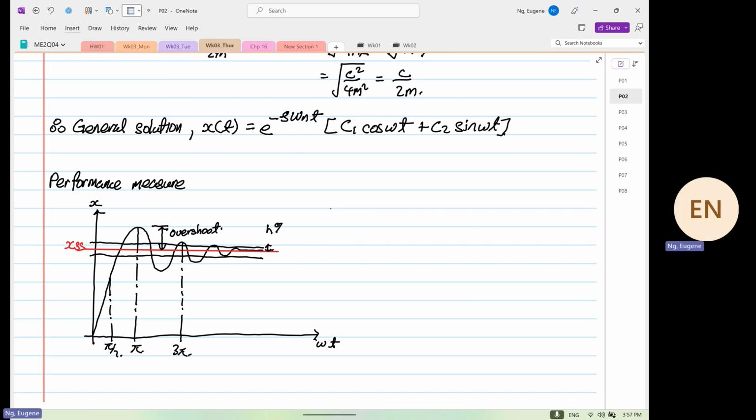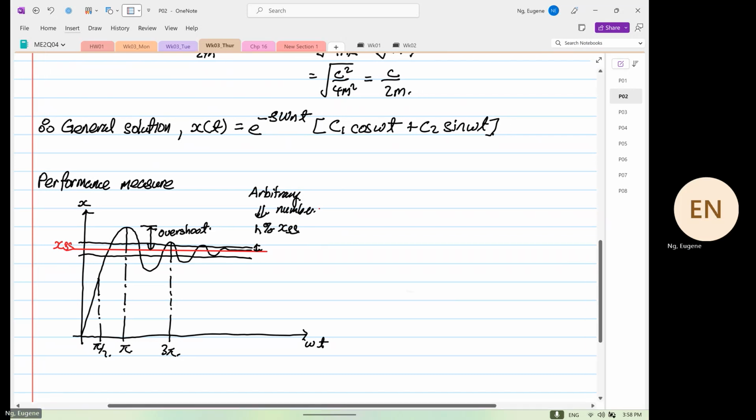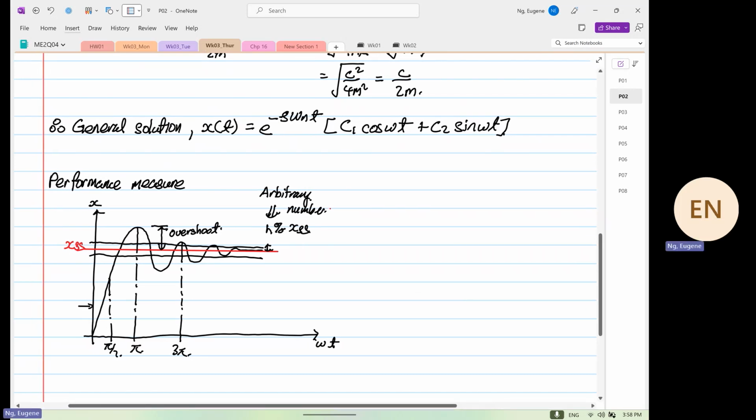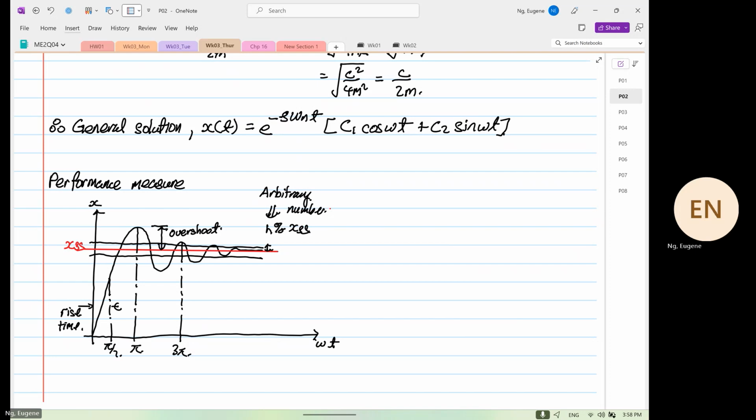H percentage of x_ss, where H is an arbitrary number, whatever you want. So with this, we know that this is our rise time. Over here, this is our peak time. And when it falls in the range over here, whatever the number is, this is the settling time.